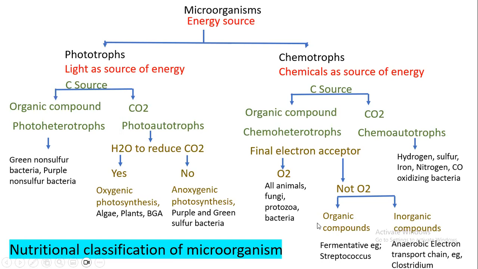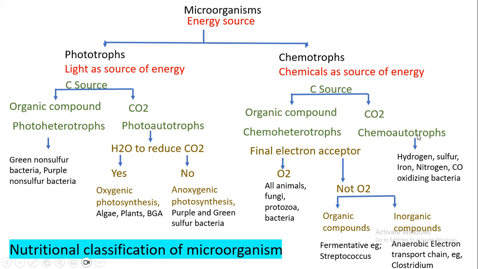Or instead of oxygen, they can be using certain other compounds, such as organic compounds, in which case they have a fermentative type of metabolism, for example, streptococcus, or they can be using inorganic compounds in which they show anaerobic respiration properties, for example, Clostridium species.